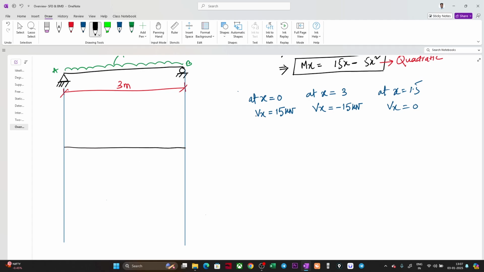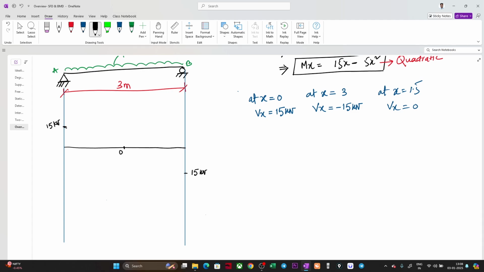So we have at x equal to 0, it is plus 15, suppose. At x equal to 3, it is minus 15. I'm not writing the signs here. Okay, and at the center it is 0, correct?